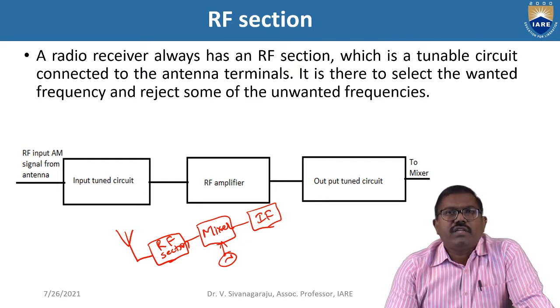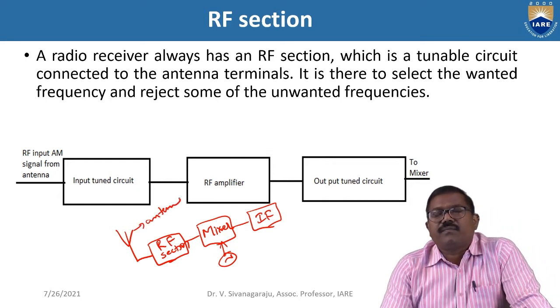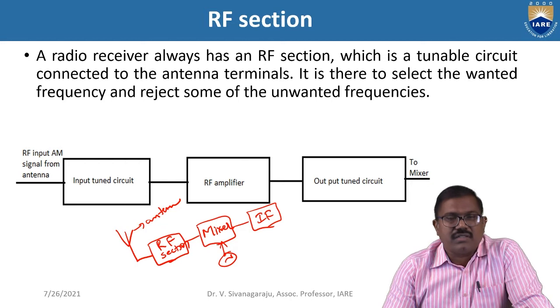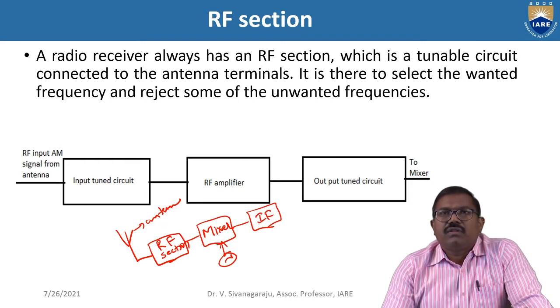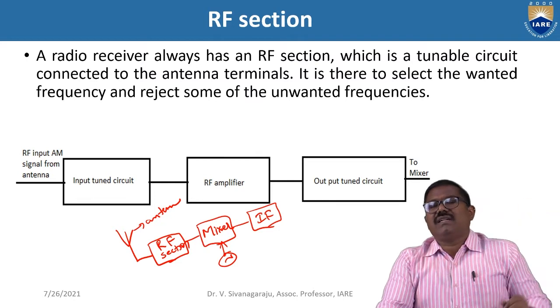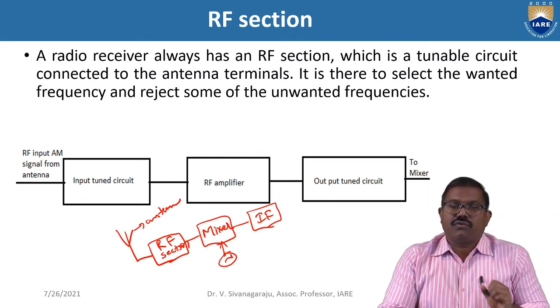The input tune circuit is going to connect with this antenna. This one is our antenna. The input tune circuit connects to the antenna terminals. When this tune circuit is tuned with the antenna, the selection of the signal is good.